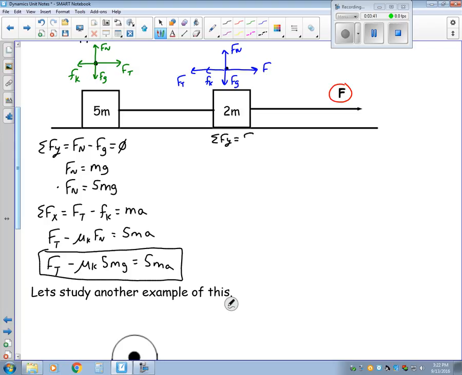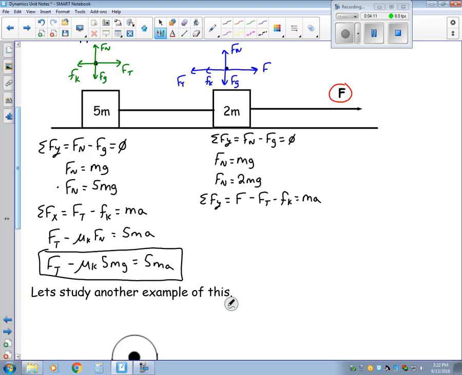So I'm going to do the same exact thing to this other box. Along the y-axis we have equilibrium, so the normal force equals mg. So the normal force really is 2mg. On the x-axis, I have the pulling force minus tension minus friction, and it's not in equilibrium.